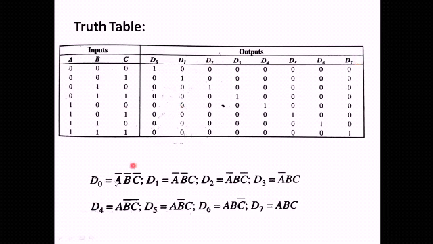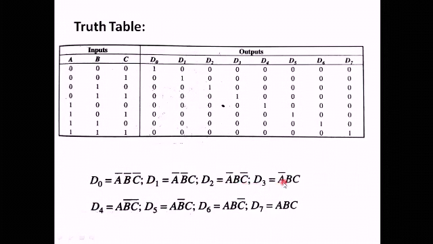Now let us write the expressions. D0 is equal to what? A bar, B bar, C bar. That is 0 0 0. That's why it is A bar, B bar, C bar. Similarly here D1 is equal to A bar, B bar, C. D2 is equal to A bar, B, C bar.